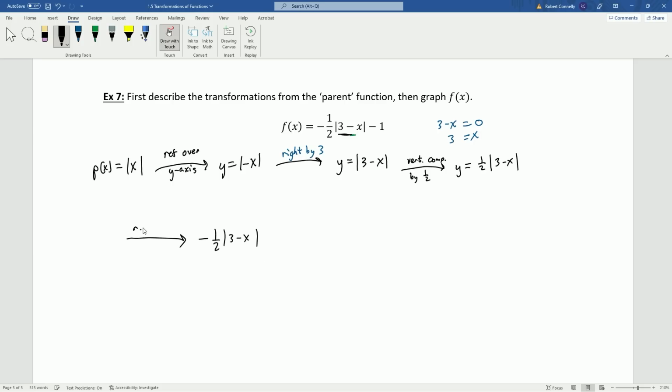So that's a reflection over the x-axis. Yes, over the x-axis. And then finally, -1/2 times the absolute value of 3 minus x, minus 1. So this is down 1.